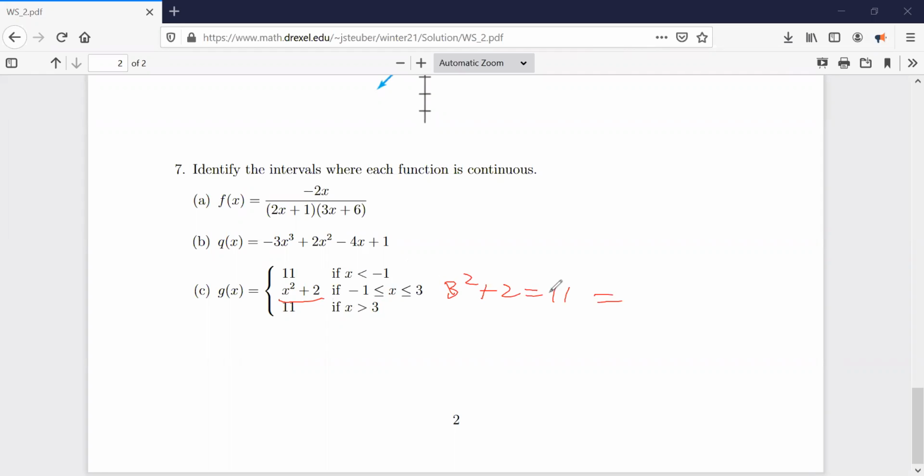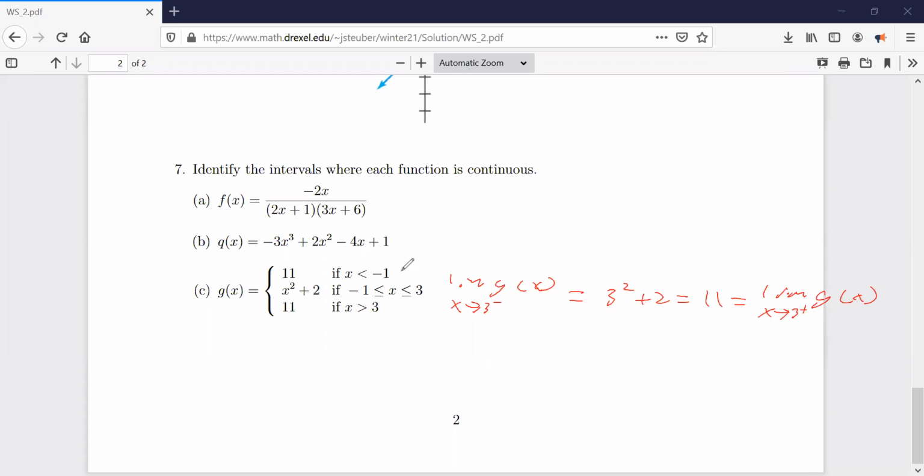So the limit of g of x as x approaches 3 from the negative side is equal to 3 squared plus 2, which is equal to 11. And that's going to be equal to the limit of g of x as x approaches 3 from the right-hand side.